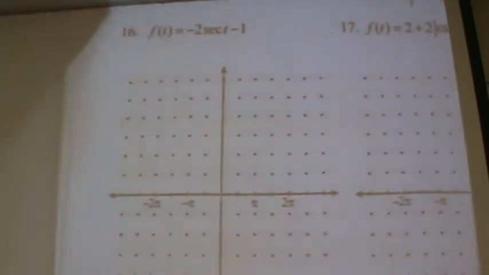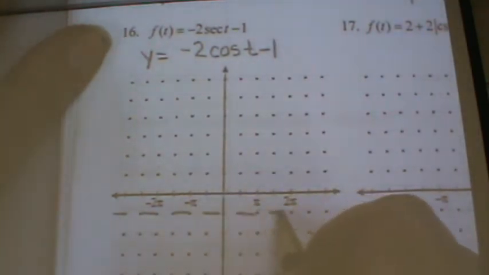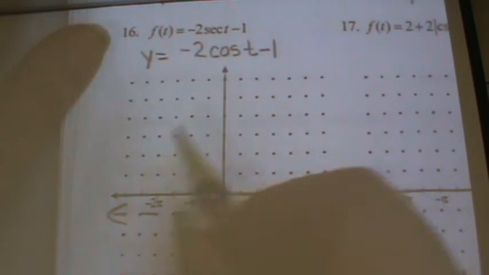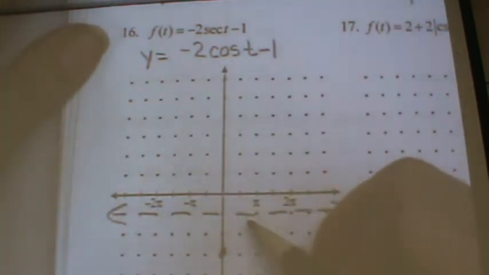Okay, what do I do on this one? -2 cosine, T -1. So where do I begin? At -1, you go down. And instead of starting too high, I'm gonna start too low.